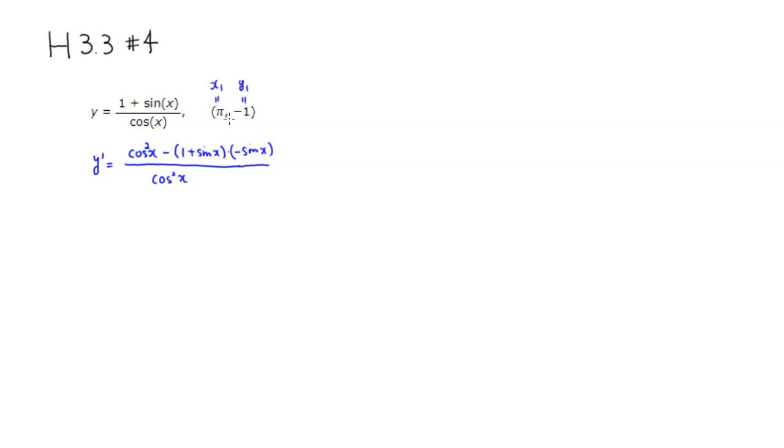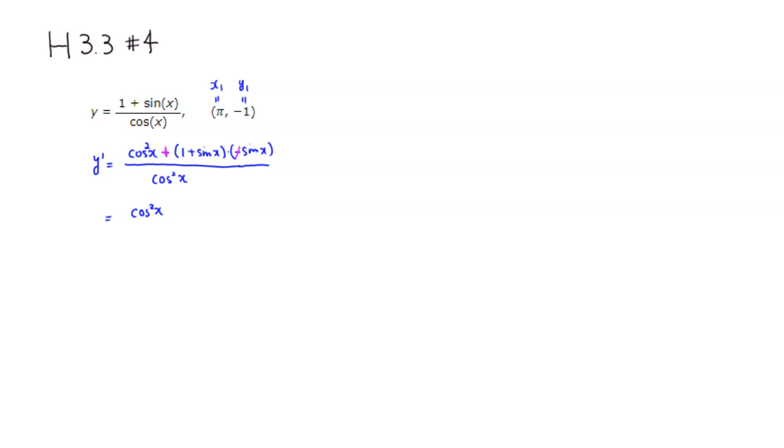Let's clean it up a little bit here. You have a negative sign and there's a negative sign, so I'm going to turn it into a positive sign. Then you get cosine squared of x.